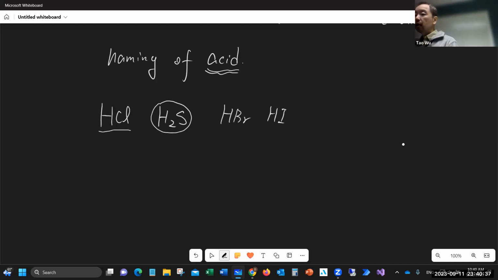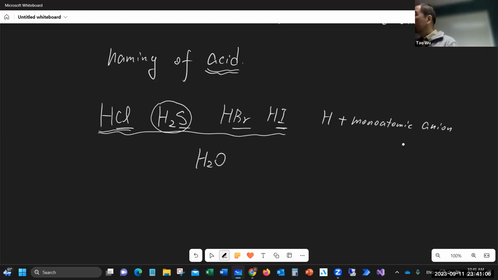So this kind of acid has hydrogen plus a monoatomic anion. You see, right? Only one atom shows up, like chloride, sulfide, bromide, iodide. How about this? What is this?